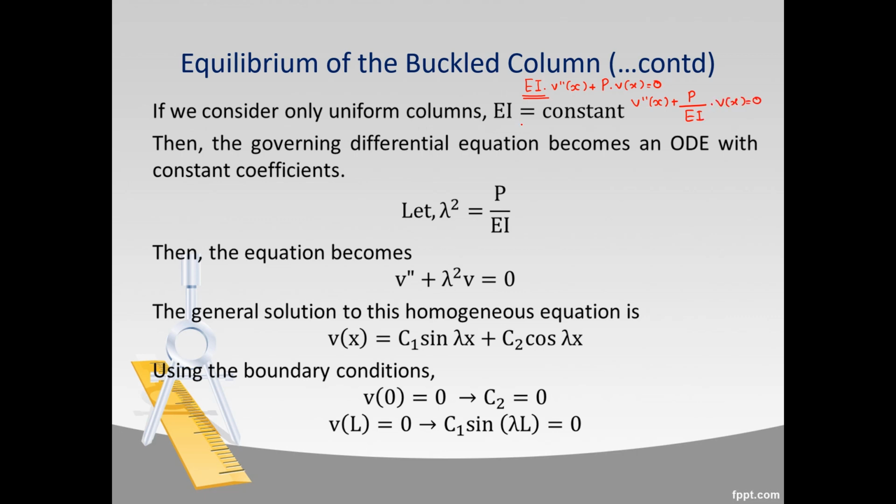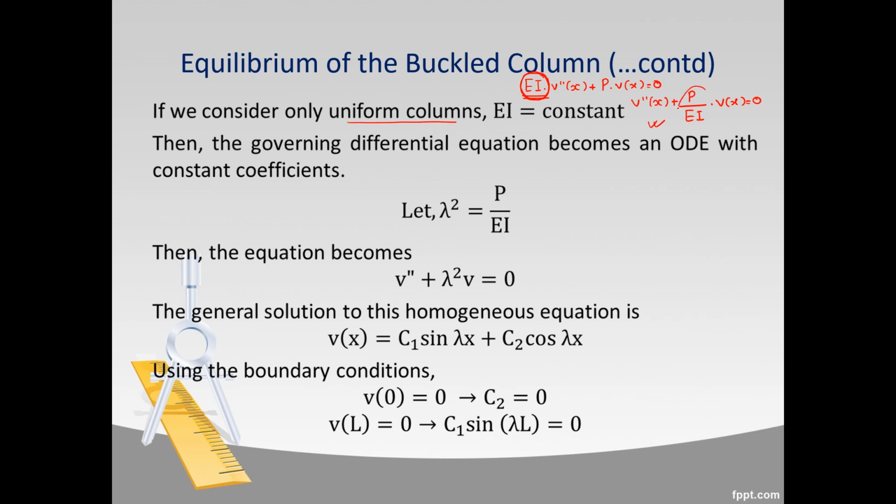So this governing differential equation becomes an ordinary differential equation with constant coefficients. If it were a non-uniform column, a column with varying cross-section or a tapered cross-section, whatever it may be, then EI, this flexural rigidity, would not be constant along the whole length of the column. But since we are considering uniform columns for now, EI is constant. So we will get this equation.